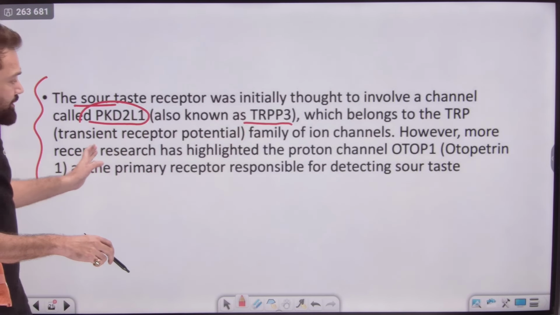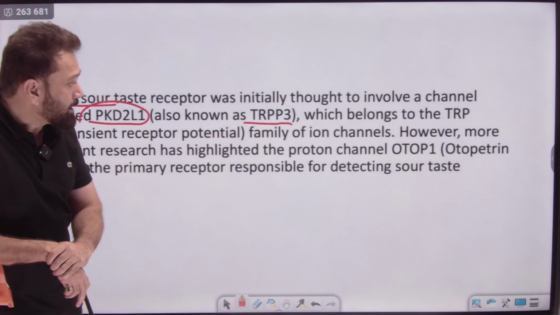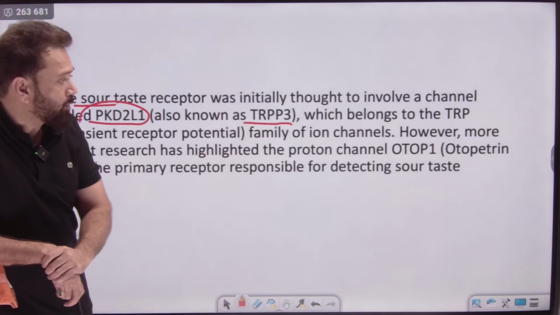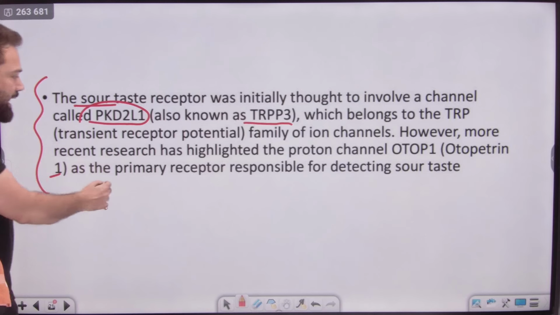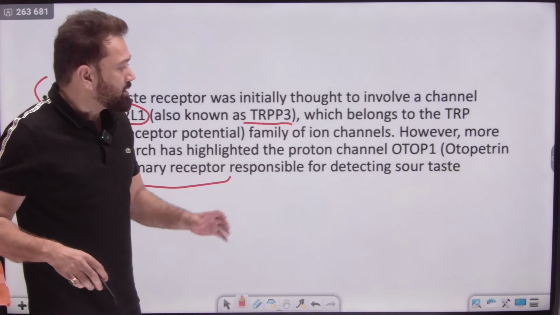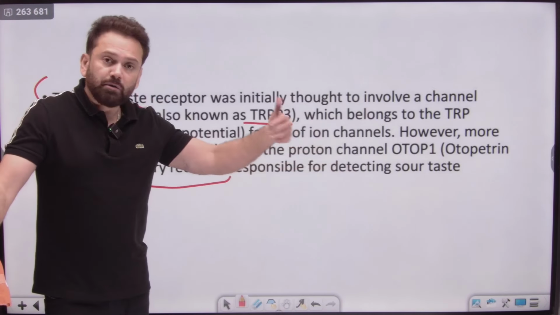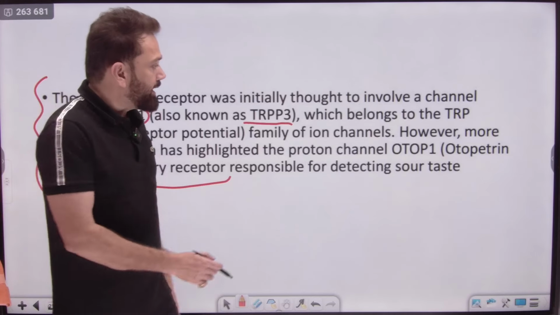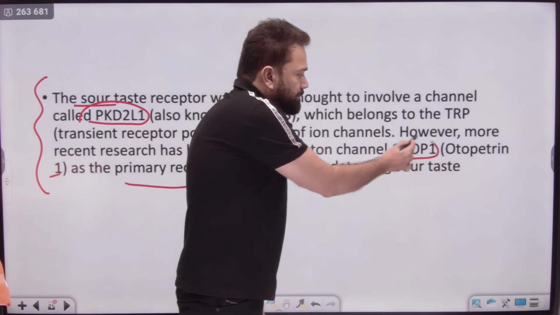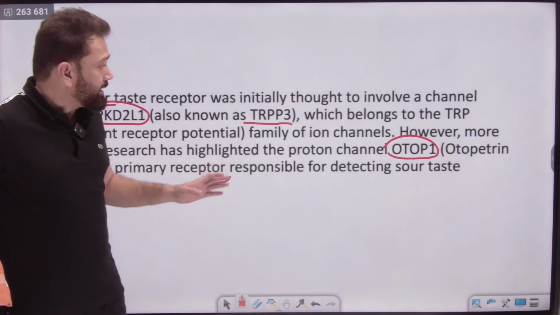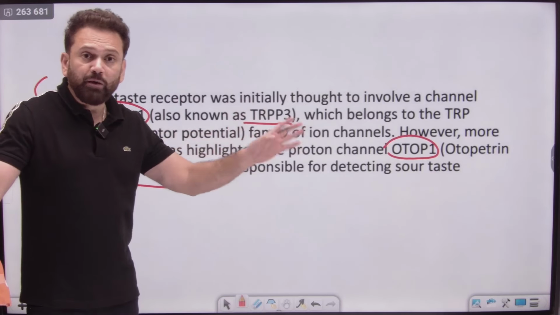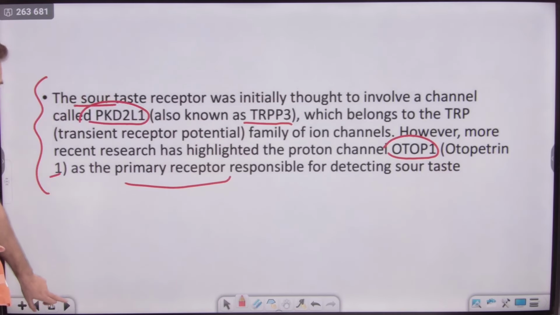However, more recent research has highlighted the proton channel OTOP1, otopetrin 1, as a primary receptor responsible for detecting the sour taste. So for the next examination, you can update OTOP1. Please remember TRPP3 is also involved, but the recent update is that OTOP1 is involved. This is regarding the sour taste.